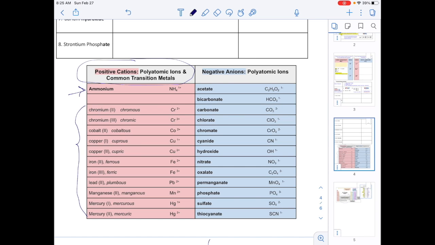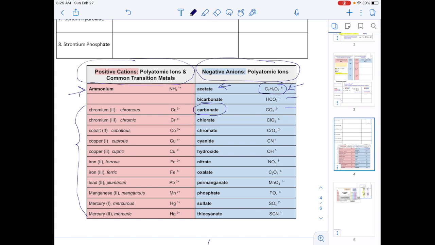We're looking at ammonium on the left side, and then on the right side here in the blue, we have the negative polyatomic ions, and there's a lot of them here. So we see the special team name on the left, and that goes with this formula on the right. So instead of naming all of these things separately, we give them that team name, acetate. But now I'm looking for CO3. So if I look down the list, oh, there it is. CO3 is carbonate.